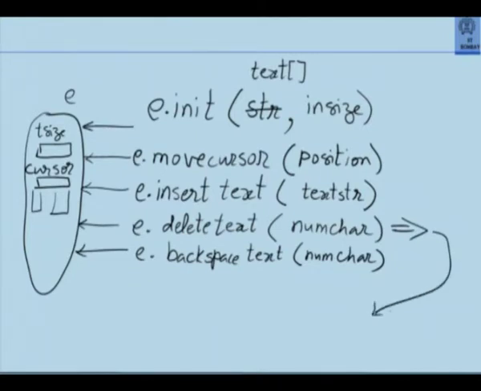There are four elements: t size, cursor, left stack and right stack. So tell me what happens to each one of these four when I delete text. If I delete text, then cursor does not change.